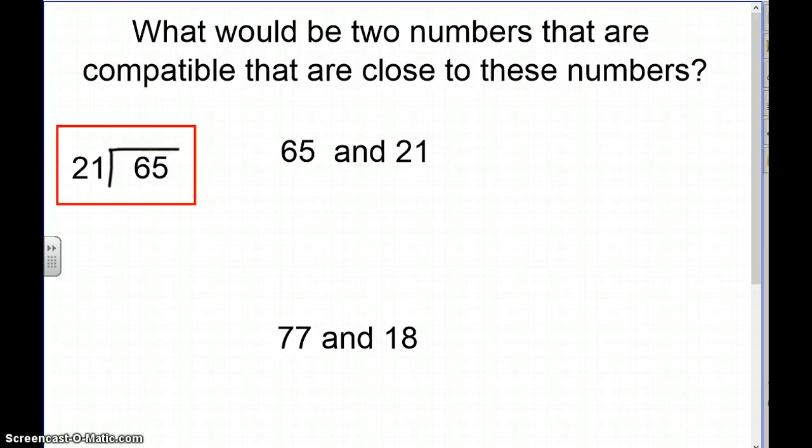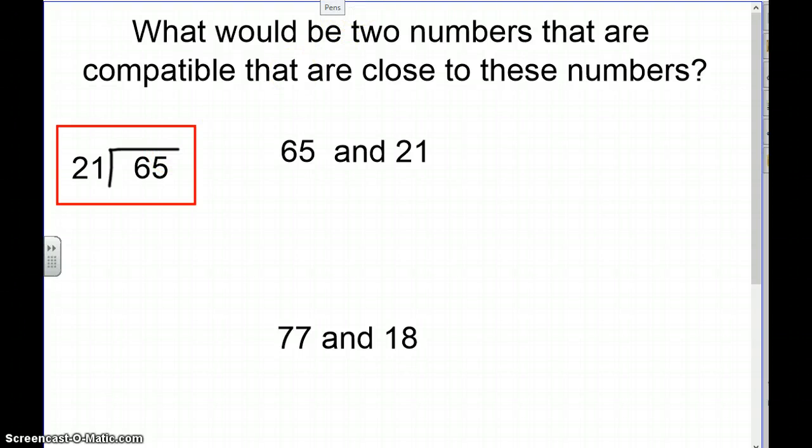So let's look at this example division problem in the red box right here. It's 65 divided by 21. Well, that's kind of a big nasty problem, and we haven't really learned how to do that yet, okay? But what we could do is we could estimate. We could figure out about how many times 21 could go into 65, and we would do that by using compatible numbers.